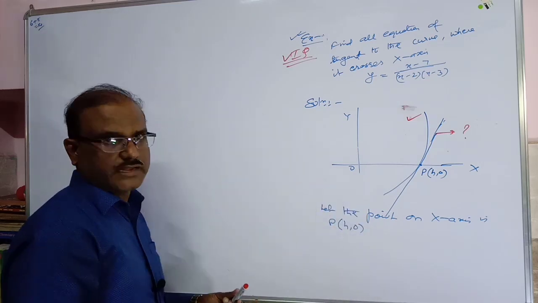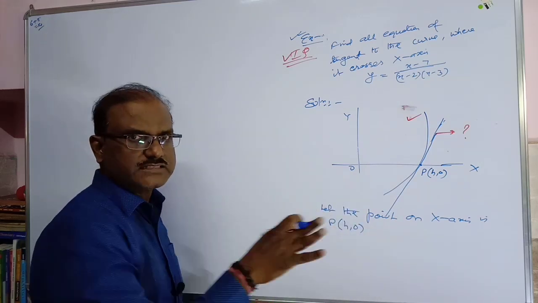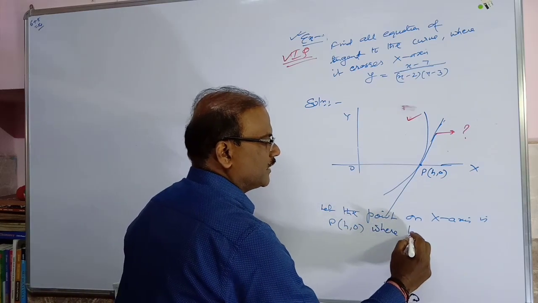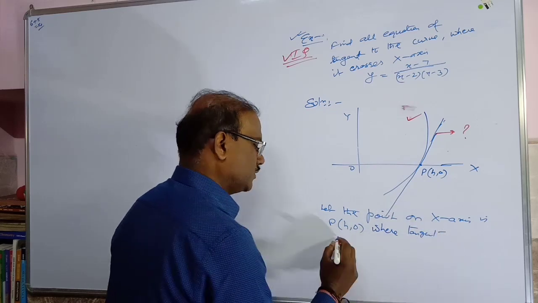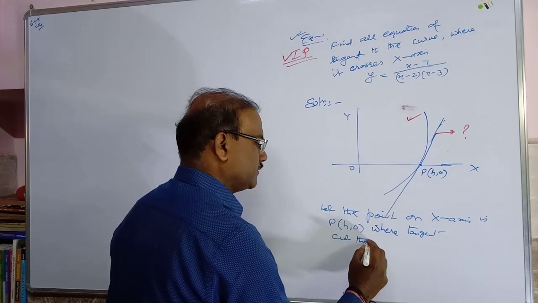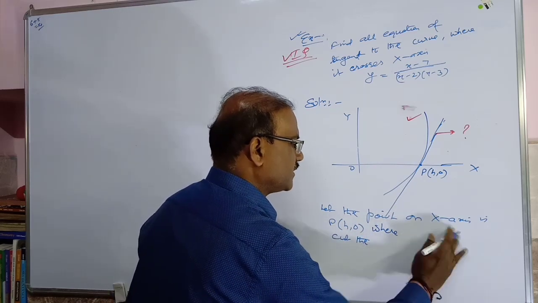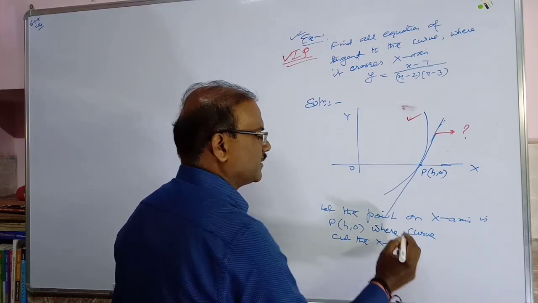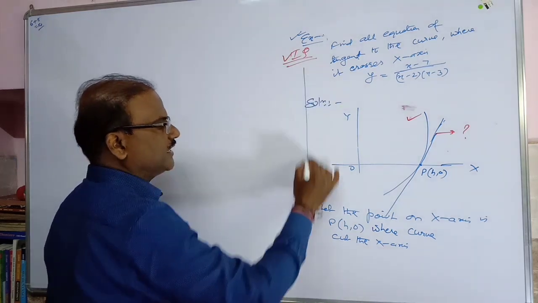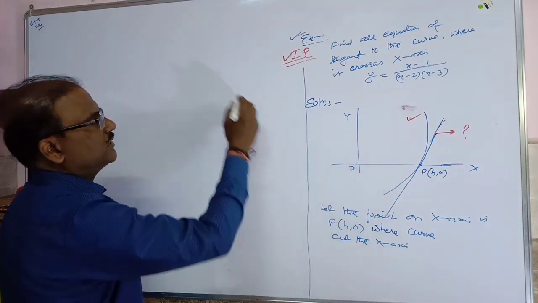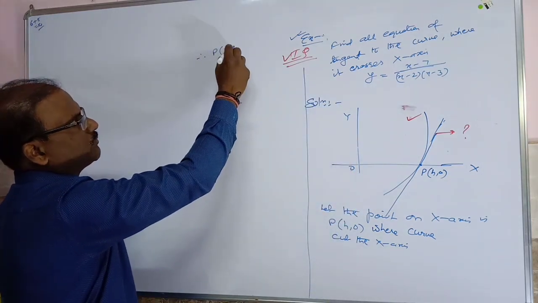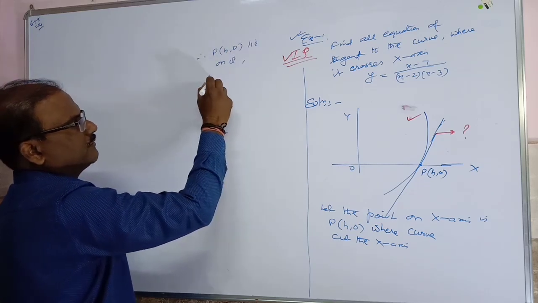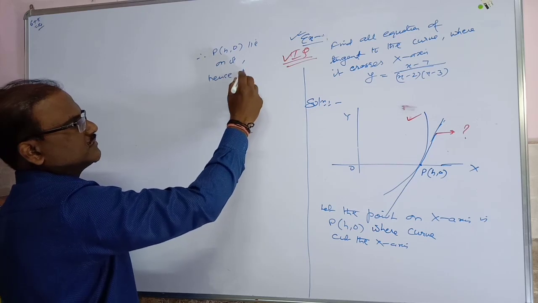Because y coordinate will be 0 at x-axis. (h, 0) where curve cuts the x-axis. Okay, to get that, how to get that, we have to put, therefore P (h, 0) lies on it, hence it satisfies.